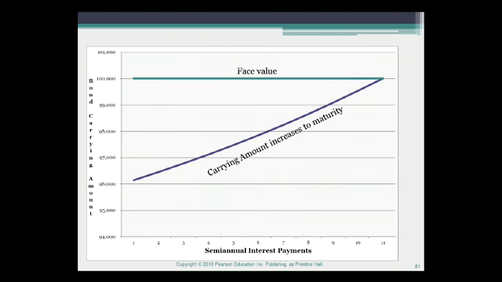Once you've amortized your entire discount, your carrying value is just your maturity value, right? Because carrying value is maturity value minus any unamortized discount. At the end of the bond term, you will have amortized your entire discount, so carrying value is going to increase to maturity, at which time the carrying value is just your maturity value.